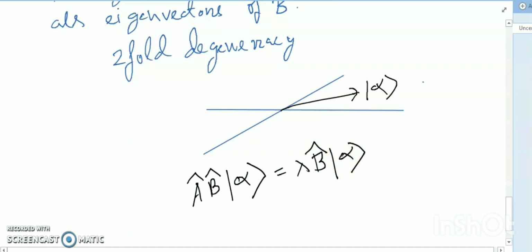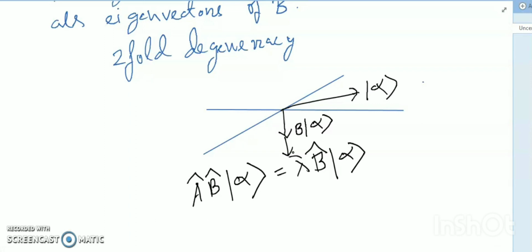We previously showed this. When we act with B, we get B alpha, and when it is scaled, it is lambda B alpha. This has to equal lambda B alpha. In other words, B alpha is an eigenvector of A with eigenvalue lambda.